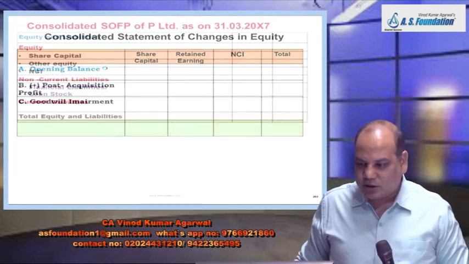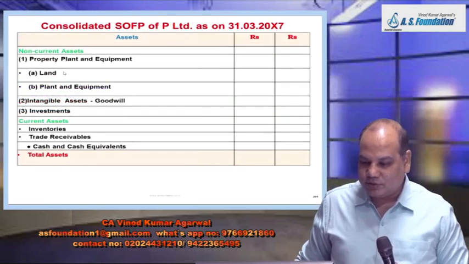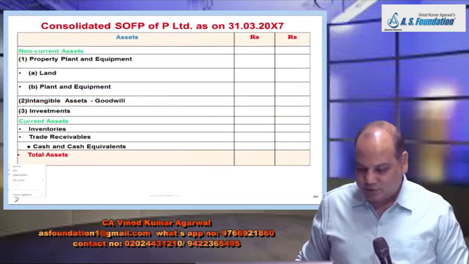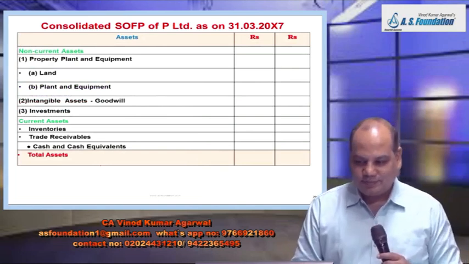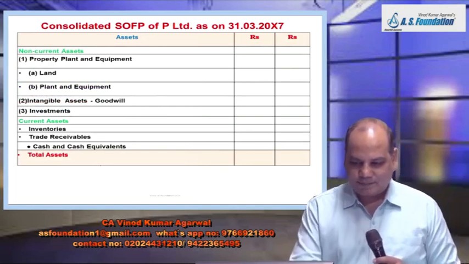So can we start now with the asset side? Asset side, property, plant and equipment, land.